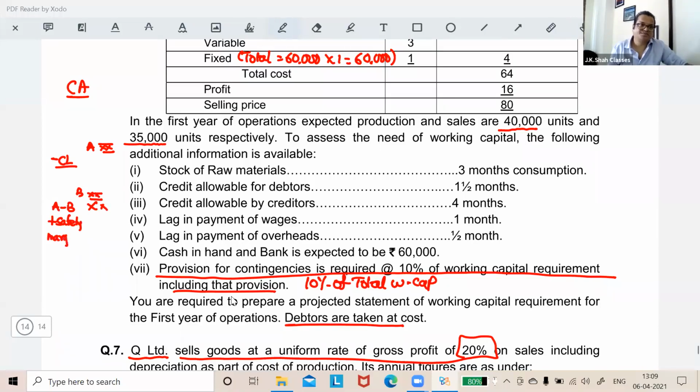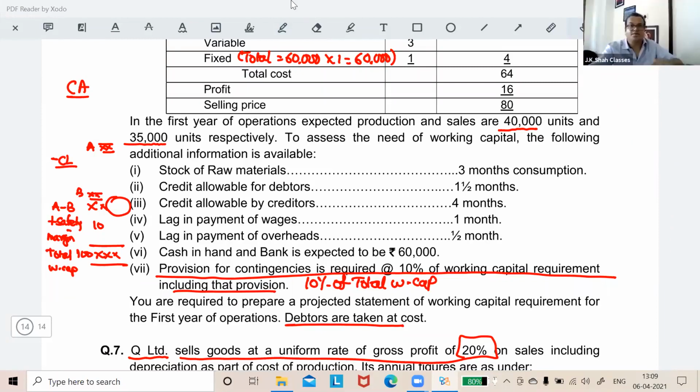Okay, Devesh? Yes, got it, sir. After adding the safety margin, this would be our total working capital. They want us to have 10% of working capital, including that provision. So that means this should be 100, dear. Safety margin should be 10. So how much would be A minus B? Come on, tell me. This will be 110.